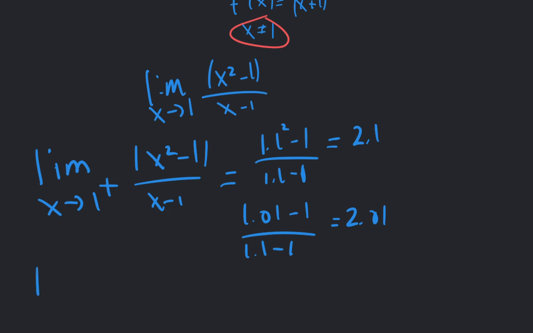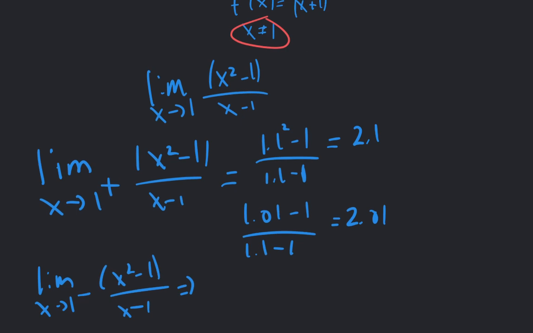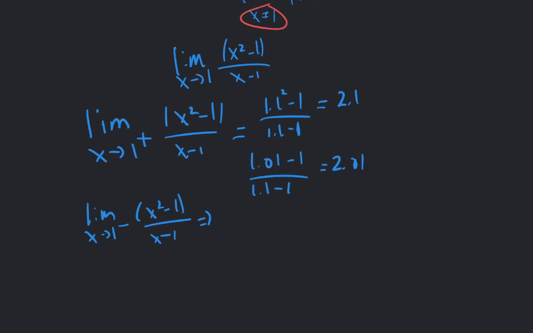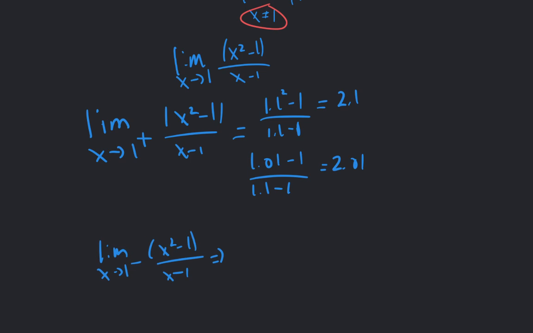If we go from the left side, now we're putting in values that are slightly smaller, like 0.9, and this would be a negative over a negative, which becomes a positive.